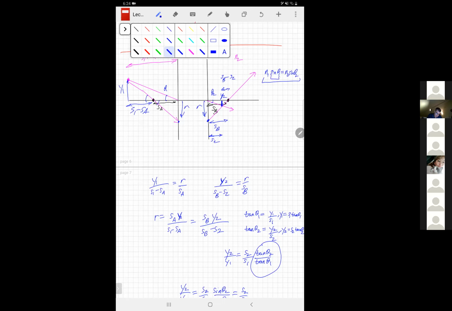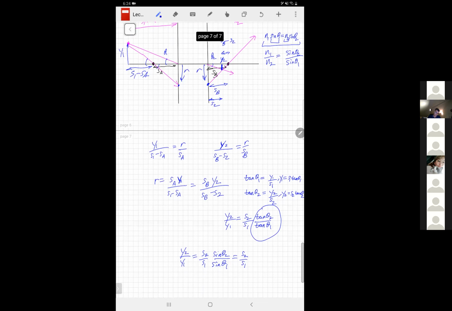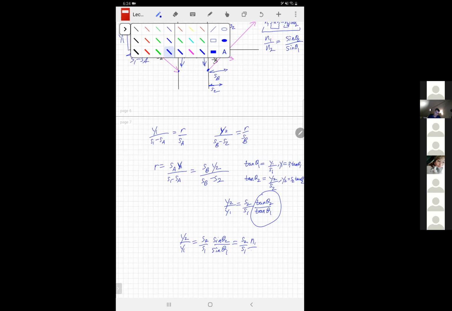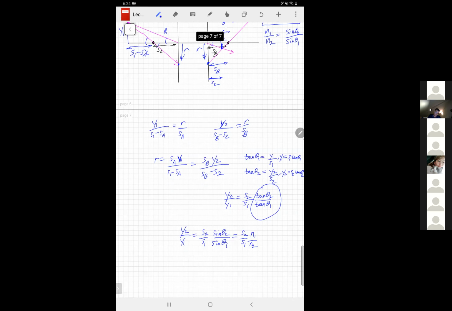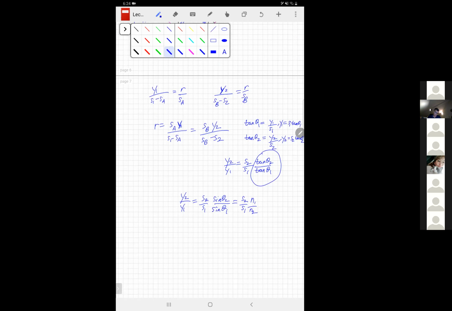If I divide both sides by sine theta 1 and divide both sides by N2, I get N1 over N2 equals sine theta 2 over sine theta 1. Okay, so I could put all this together and say that y2 is y1 S2 N1 over S1 N2.